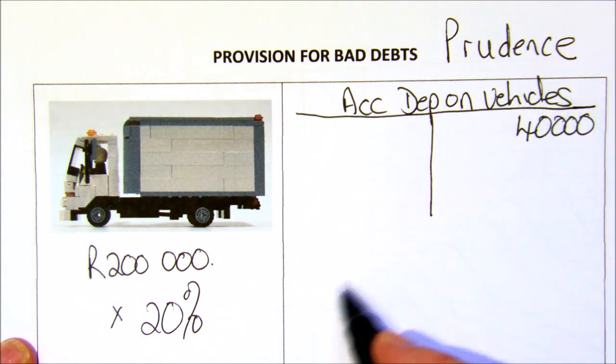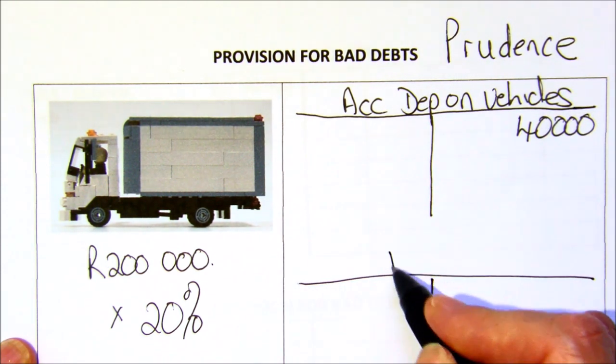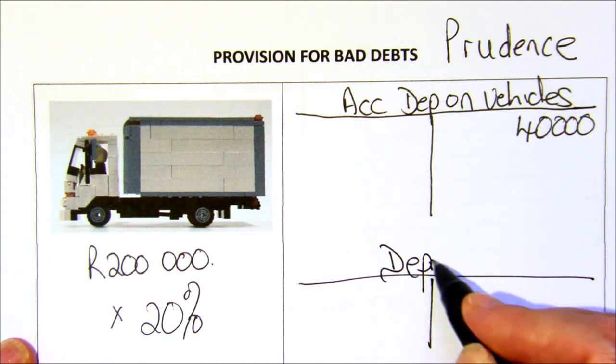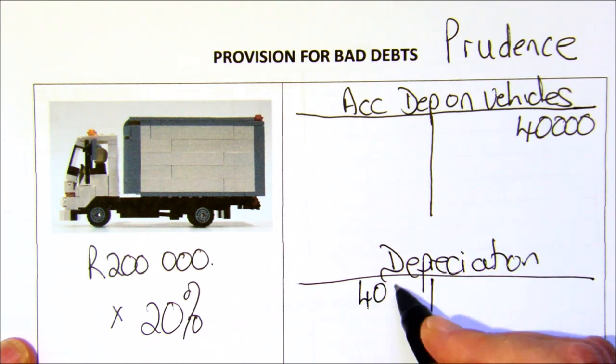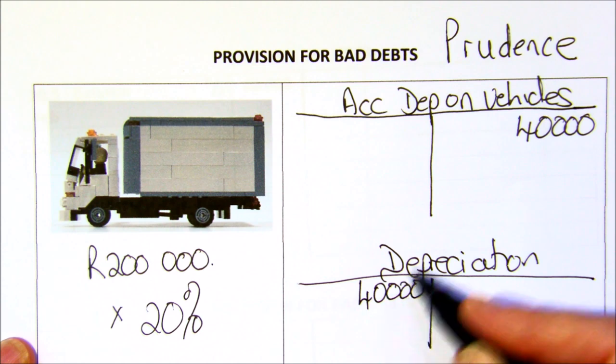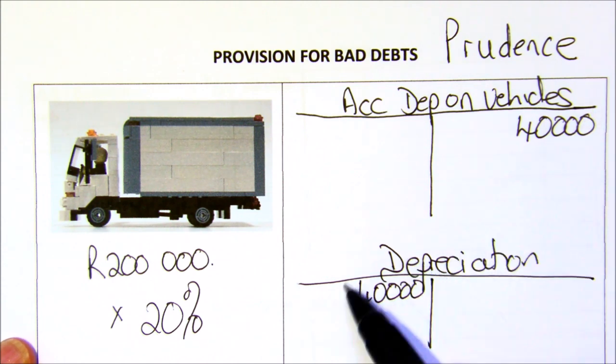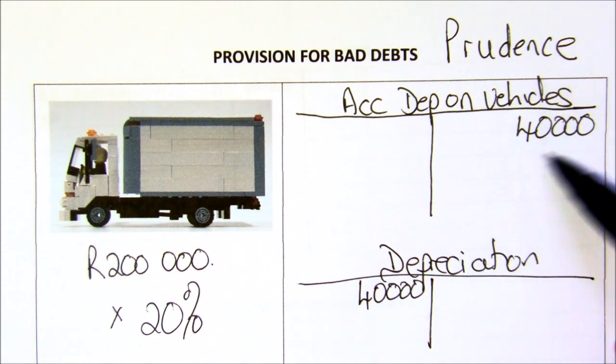Now the double entry for this, remember we would have created an expense account, and being an expense account we would have debited depreciation. So there's the double entry, debiting an expense and crediting the accumulated account, which is a negative asset.